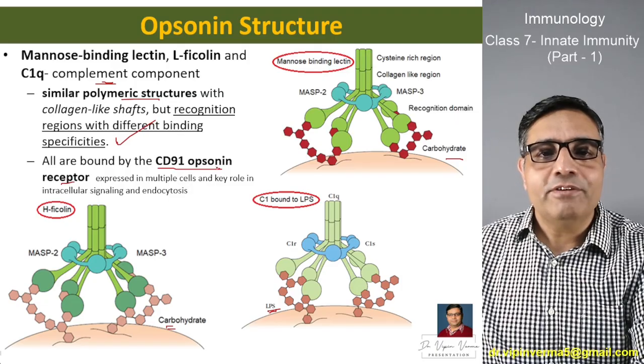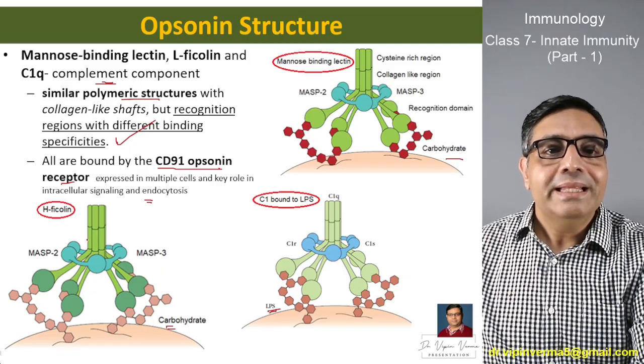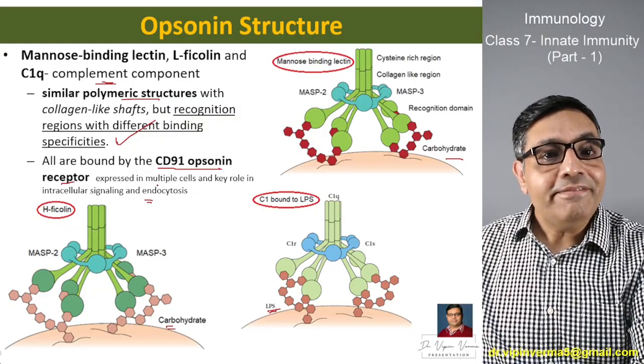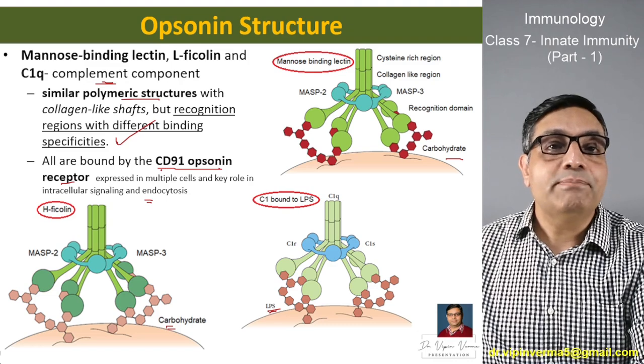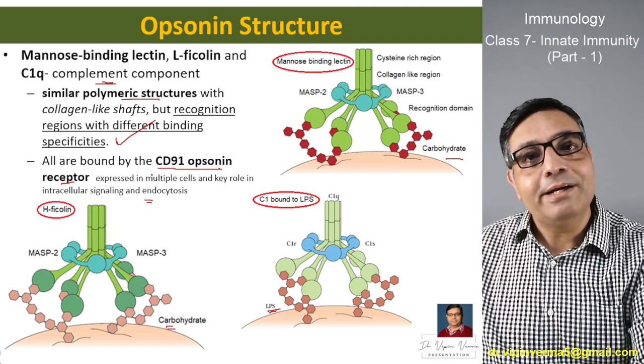Now, what is the CD91 opsonin receptor? It is expressed in multiple cells and has a key role in intracellular signaling and endocytosis. So once these opsonins bind the pathogen, the bound entity binds with the CD91 opsonin receptors, which are present on a number of cells and which facilitate endocytosis.